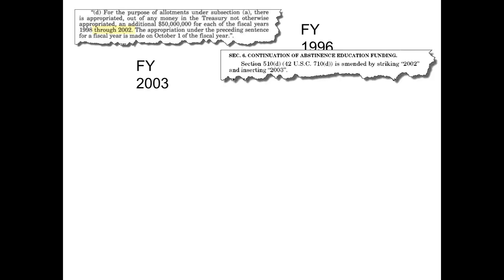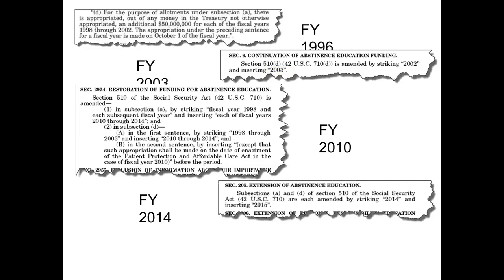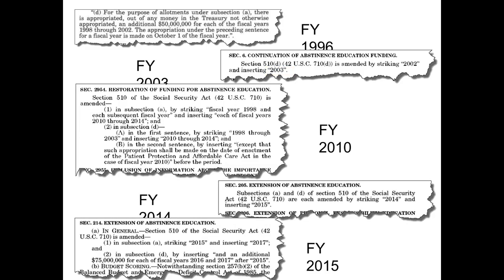Funds for abstinence education were originally appropriated in fiscal year 1996. But since the appropriation lasted only until 2002, in fiscal year 2003, an amendment was passed extending the appropriation through 2003. Other amendments extending the appropriation were passed in 2010, 2014, and 2015.